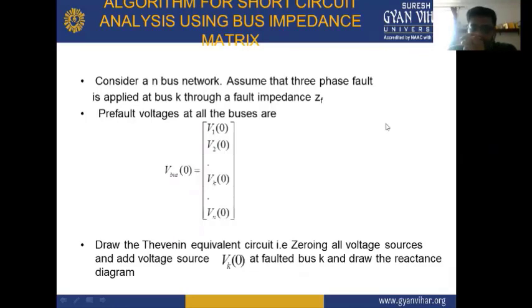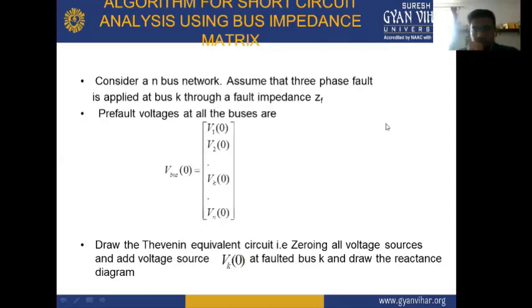Now, the pre-fault voltages at all the buses will be defined by the bus voltage matrix V bus 0, which is equal to V1 0, V2 0, and so on till Vk 0 and Vn 0, where the kth is that bus at which the three-phase fault has occurred.